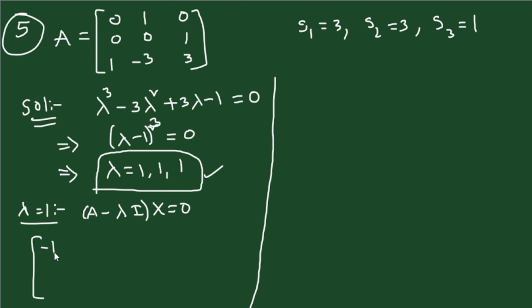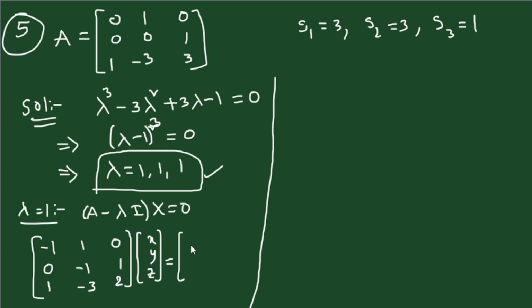0 minus 1, minus 1, 1, 0, 0, 0 minus 1, minus 1, 1, 1, 3 minus 1 is 2, times x, y, z.